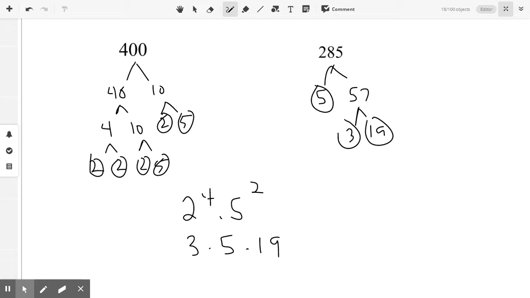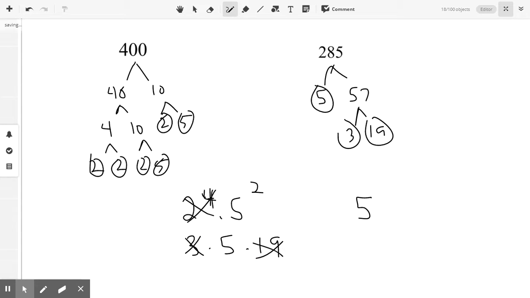Now, greatest common divisor. If a factor shows up in one and not the other, it's not part of our grouping here. So here, there's 2 here. There is not a 2 in this one, so I'm not going to use 2. There are 5s in both of them, so I'm going to use 5. All right, there's not a 3 in both. There's a 3 down here, but not up here. I'm not going to use 3, and 19's down here, but not up here.